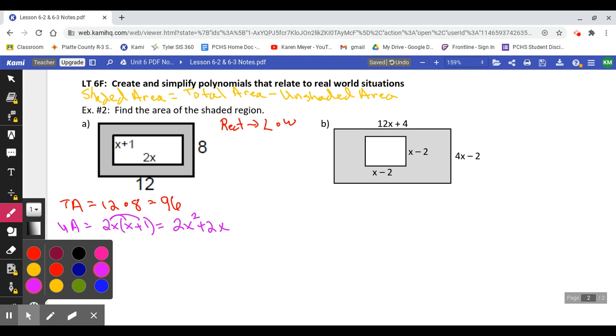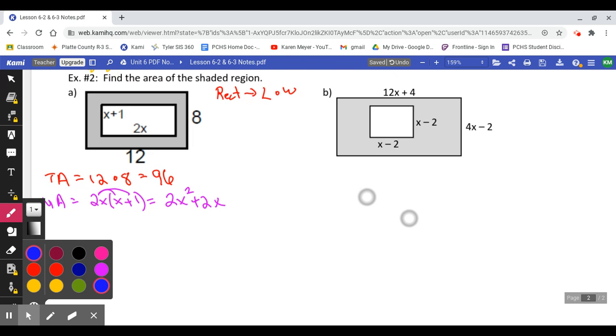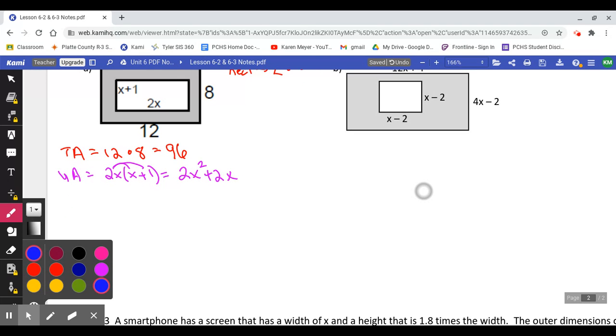So now we're going to take the total area, which is 96, and subtract away the unshaded area, which is more than 2 terms, so I'm going to put those 2 terms inside of parentheses. And then you're going to be like, oh yeah, I have to subtract both of those terms, so I have to use the distributive property with the minus sign.